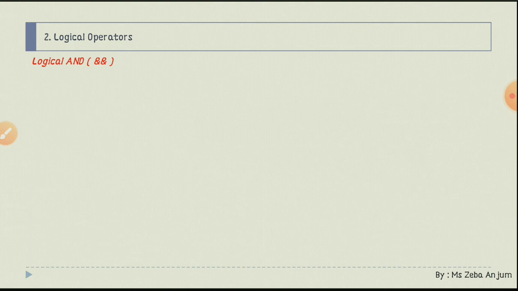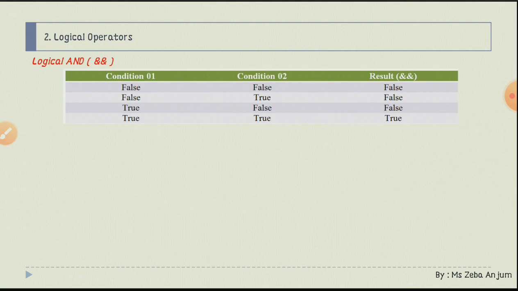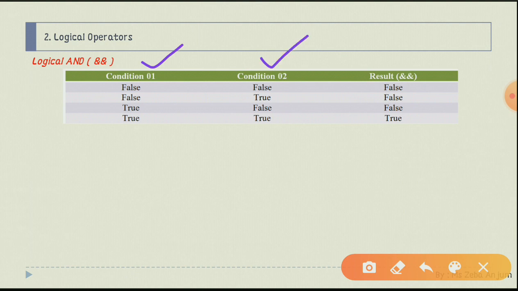The working of logical AND can be understood with the help of a truth table. This kind of table is known as a truth table. Here we have condition number 1 and condition number 2, and based on these two conditions you get your result. If condition 1 is false and condition 2 is also false, you get false, and if any one condition is false, then automatically your answer will be false.